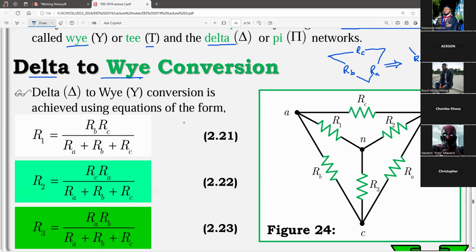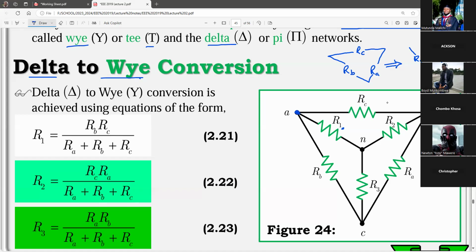How to do that: the denominator for these resistors when you are converting from delta to star is the same. Okay, so the denominator is the same. What will be differing is the numerator. So if you are to get R1, you go to where R1 is connected to the delta.